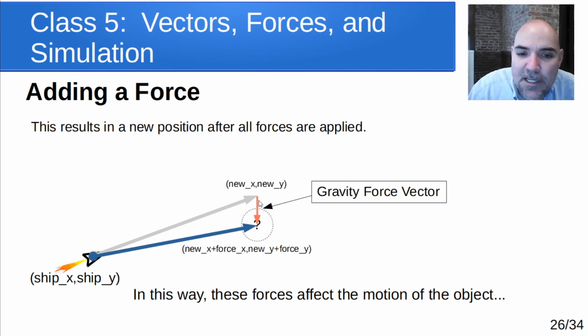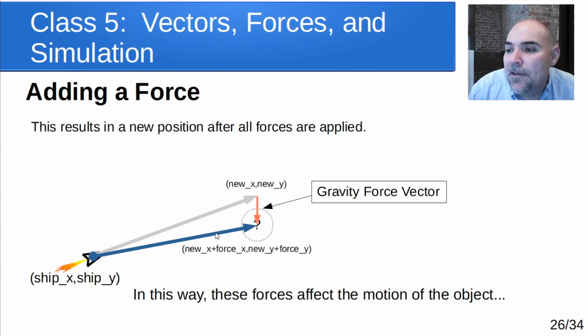It's a force acting at some magnitude in some direction, in this case downwards. And notice that's going to create a new motion vector that is now different than the one it would have been because we had that little bit of force tugging down on it. So rather than it going up here where it would have gone, when we apply this force to it, it's now going a little bit slower, and it's going at a slightly different angle, this blue one here.